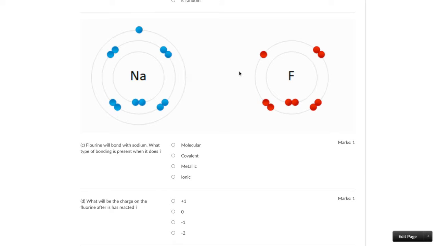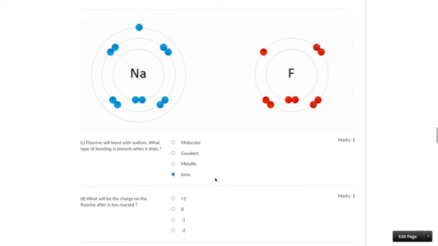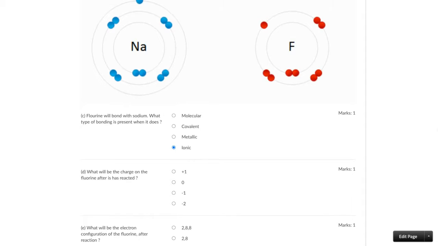In doing so, metals lose electrons, non-metals gain electrons. That's ionic bonding. Molecular covalent bonding, obviously that will all start to come to fruition if we start to share electrons, and metallic bonding is just when we're looking at metals by themselves. So for this one, donation and receiving of electrons is ionic.